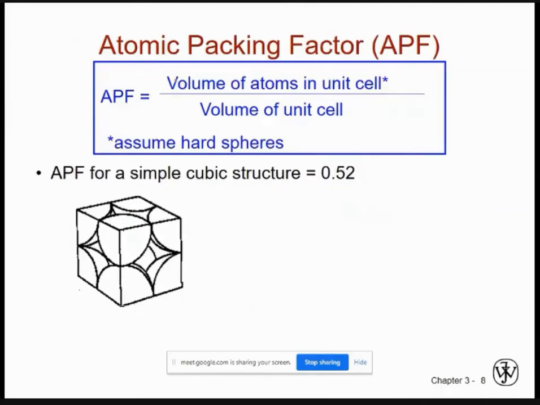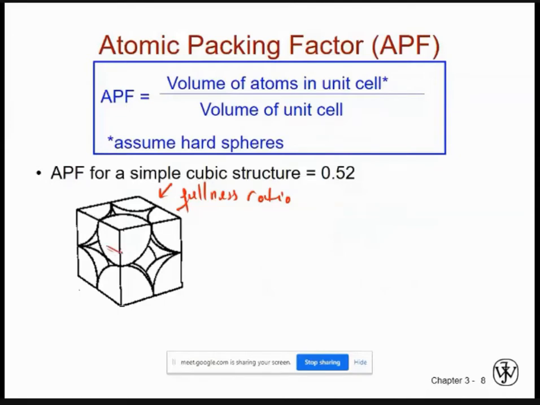What's atomic packing factor? It shows how full this cube is. It's kind of a fullness ratio. In order to calculate it, we need the volume of atoms in the unit cell divided by the volume of the unit cell itself. So what do we have?